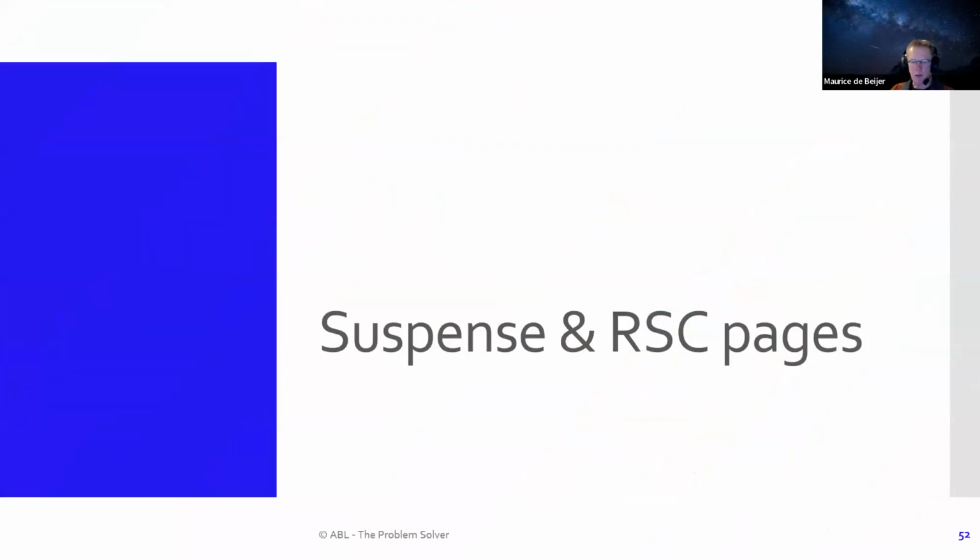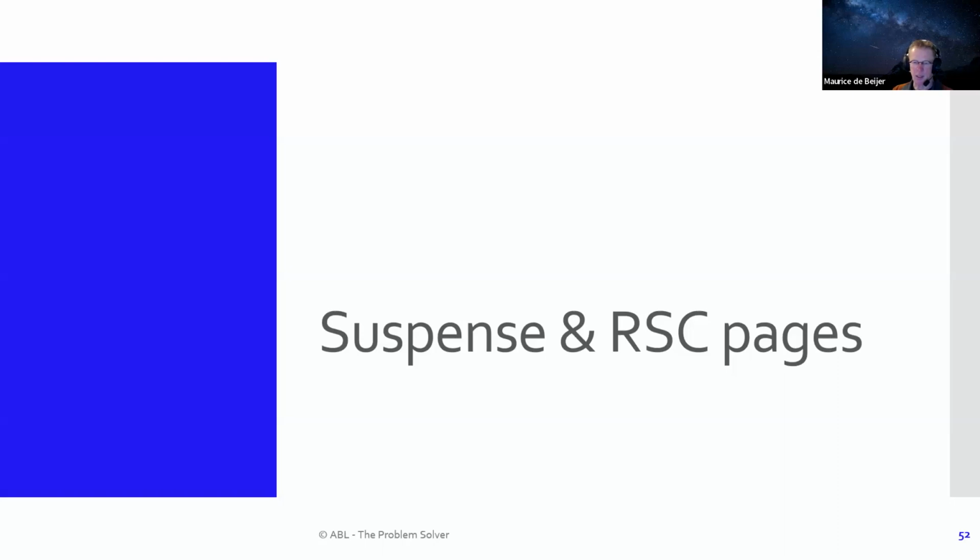So next part, I want to take a look at using suspense with React Server components. But the first part, I'm specifically going to look at pages. So this is somewhat Next-specific. After that, I'm going to take a look at how we can do it in a more general way with suspense components.